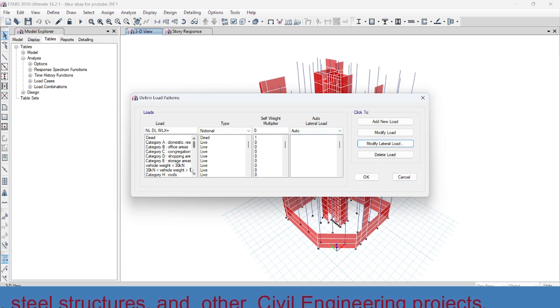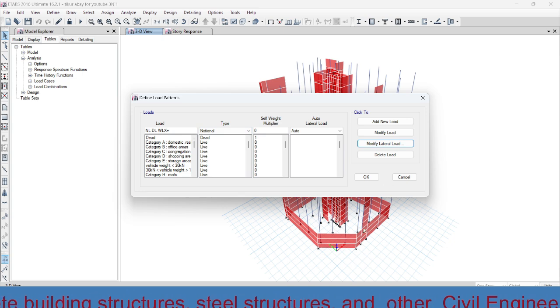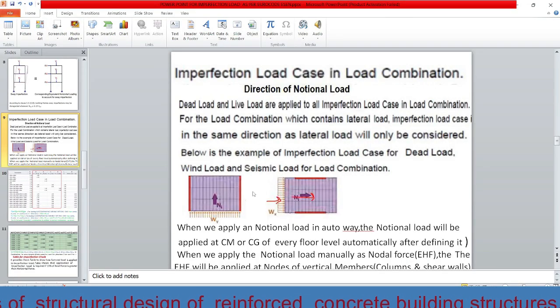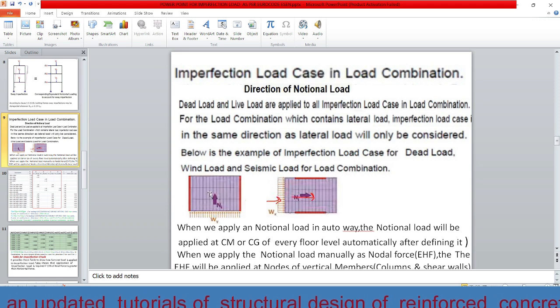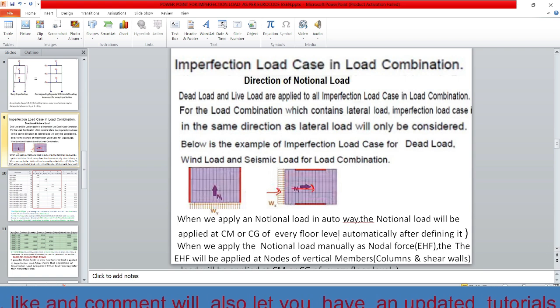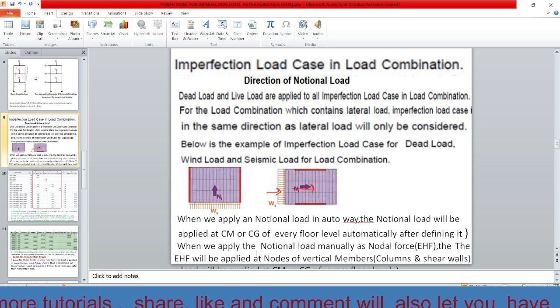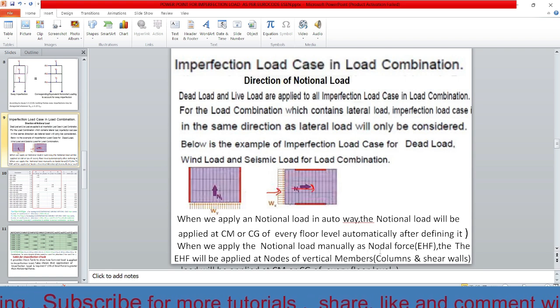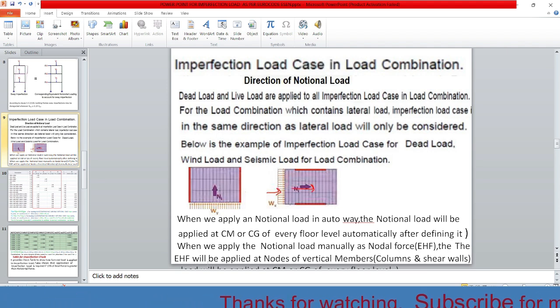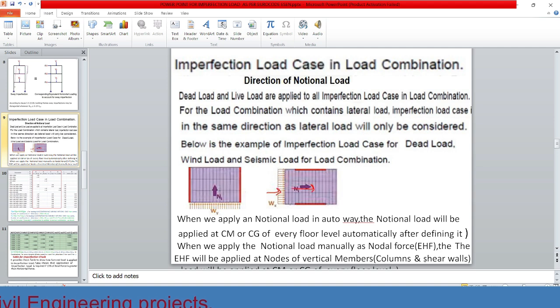ETABS will take all those loads, and finally those loads will be applied at the center of mass. When we apply the notional load manually as nodal force HF, the HF will be applied at nodes of vertical members. That means at columns or at shear walls.